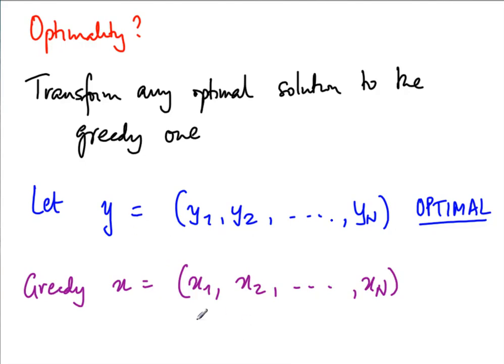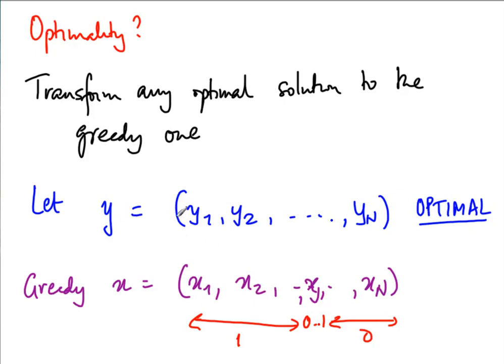What we know about the x's is that there is this xj, as we have just observed, such that from x1 to xj minus 1 we have 1, from xj plus 1 to n we have 0, and this value is between 0 and 1. The important thing to notice is that the xi's were actually chosen in this sequence. We first did x1, then x2, and so on, because that was the greedy strategy.